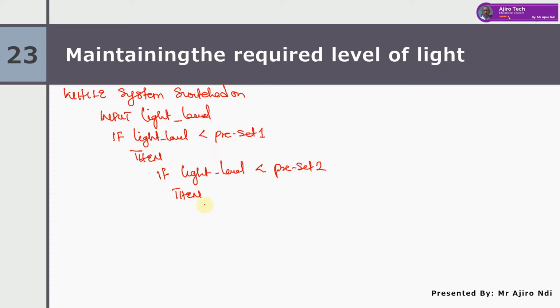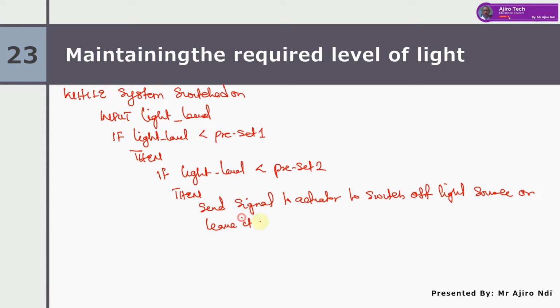Then send signal to actuator to switch off light source, or leave it off.